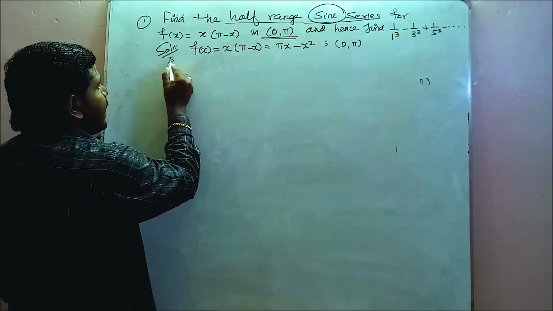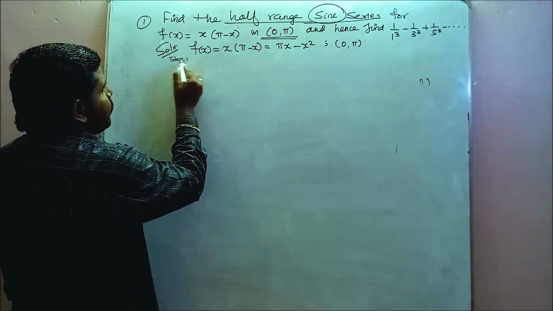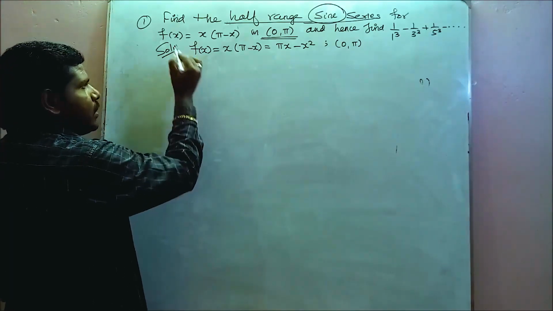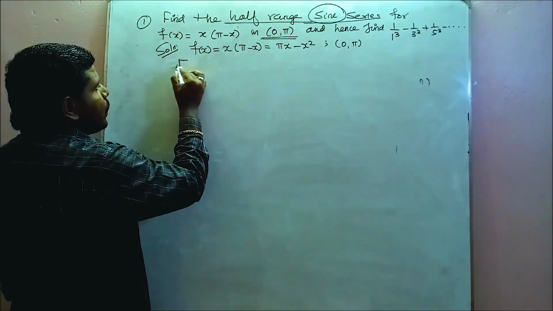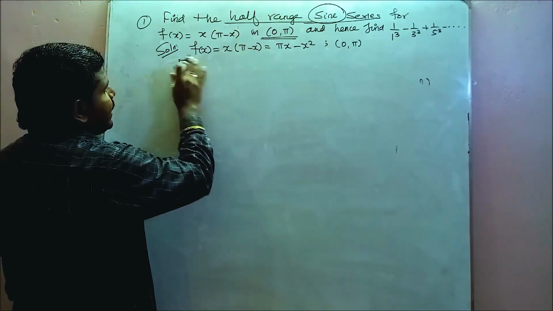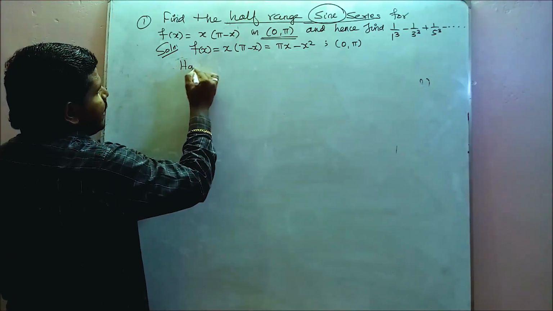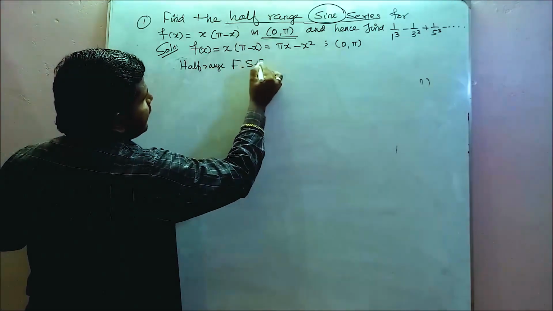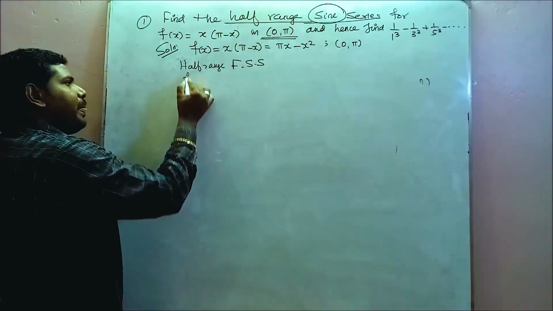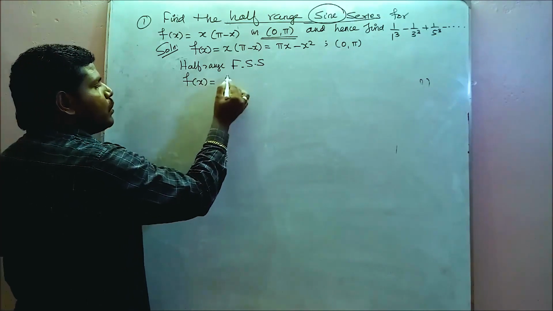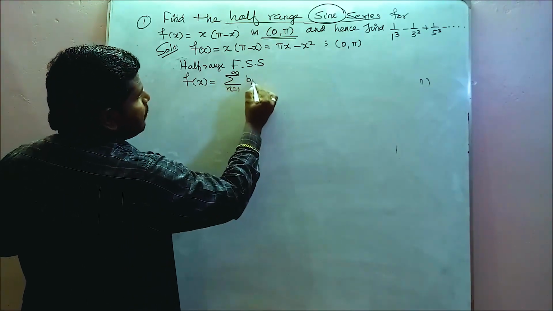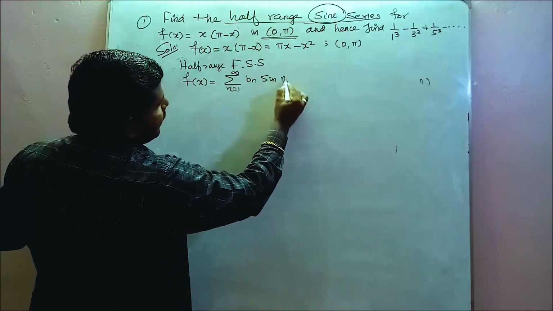Step 1 is to write the formula: the half range Fourier sine series is given by f of x equals sigma n equals 1 to infinity bn sin nx.